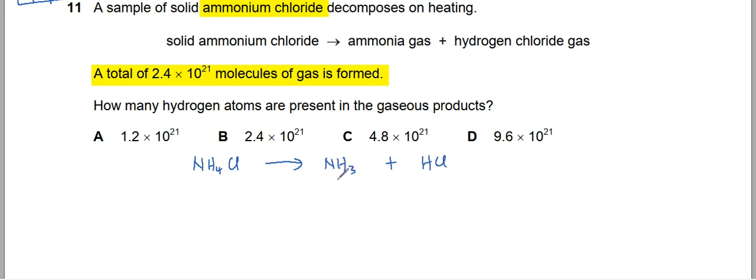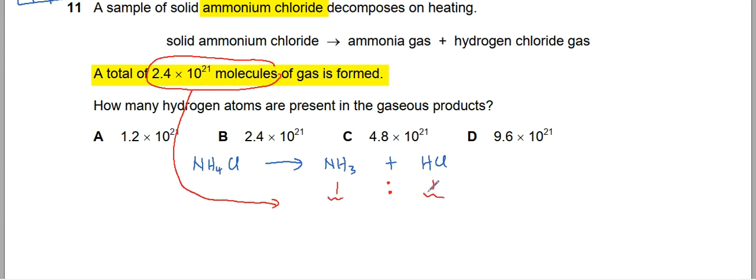The first thing we can notice is that the ratio between ammonia and hydrochloric acid is 1 to 1. We know that the total products is this number of molecules, meaning this number of molecules is distributed evenly between the two, because the number of moles is the same.